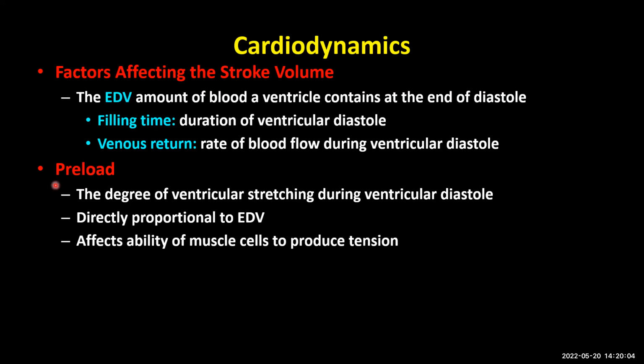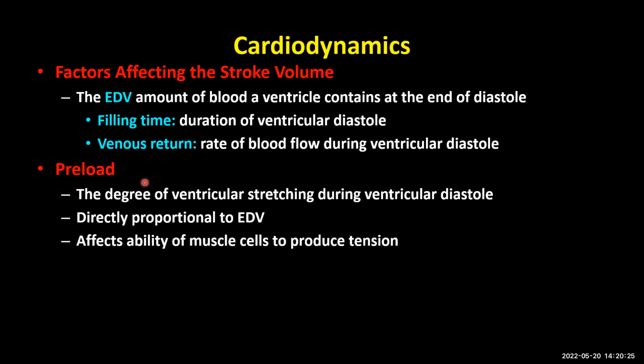So there is a relationship between the preload and end-diastolic volume. When you have more blood in the ventricles, that will increase the size of the ventricle. If it increases the size of the ventricle, it will stretch the ventricle.